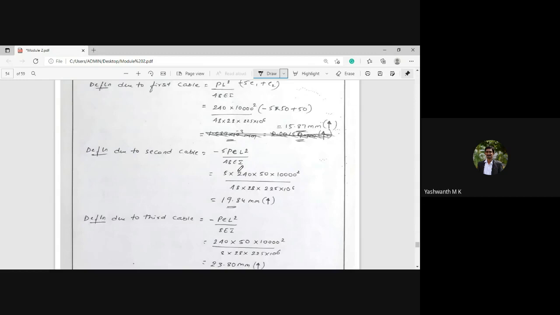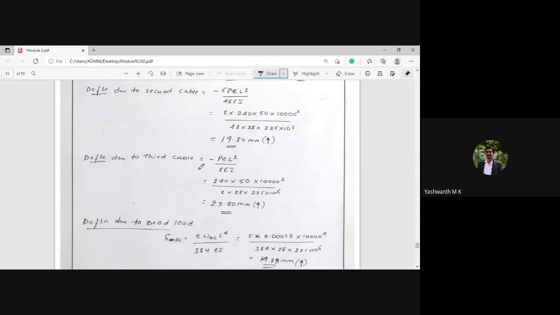Substituting, that is 5 into P, 240 kilonewton, into eccentricity 50, into L, 10,000 square, divided by 48 into 28 kilonewton per millimeter square into 225 into the power of 6. If you substitute everything, the answer will be 19.84 millimeter, the upward deflection.